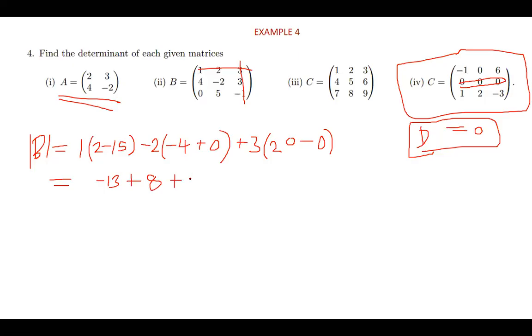So it's the same as saying 68 minus 13. 68 minus 13, you get your answer to be 55. So the determinant of B is 55.